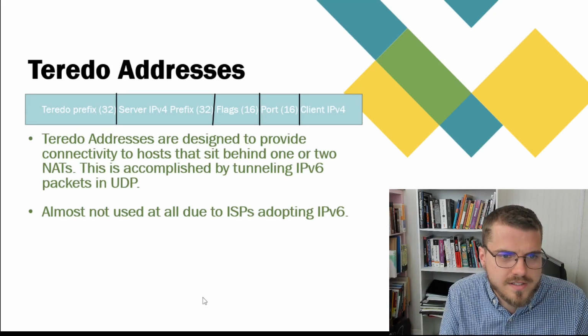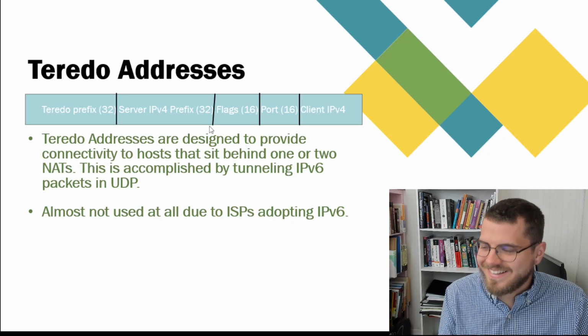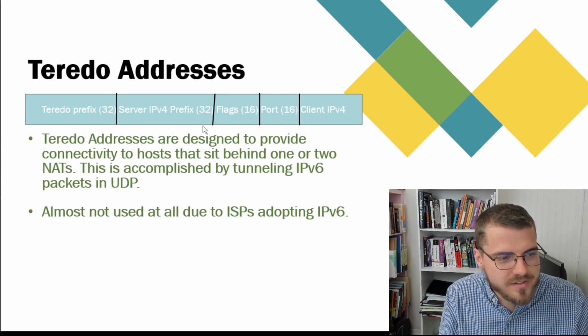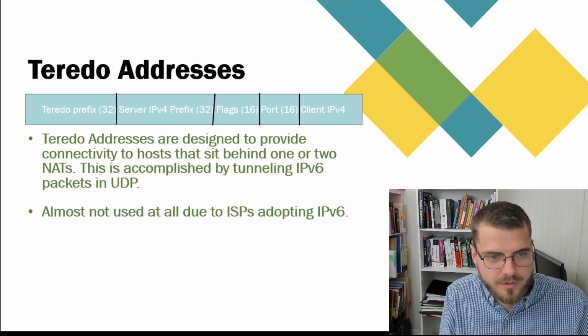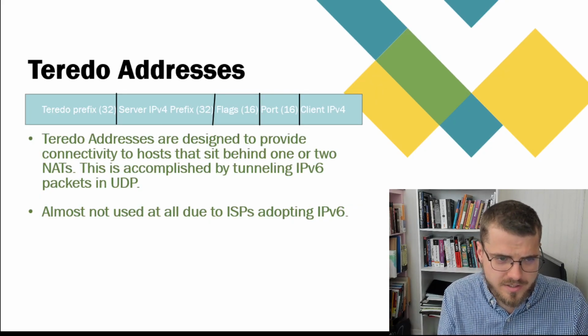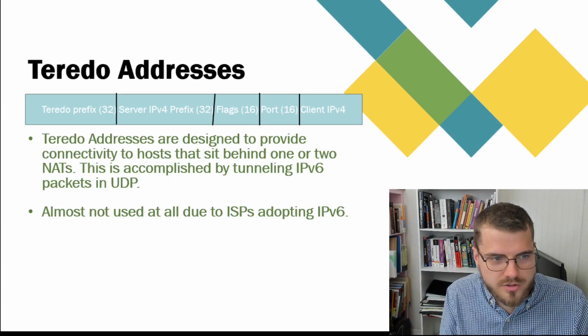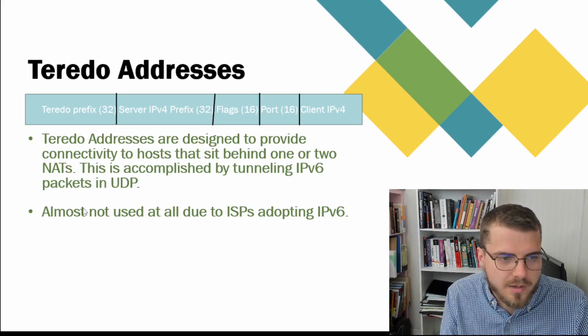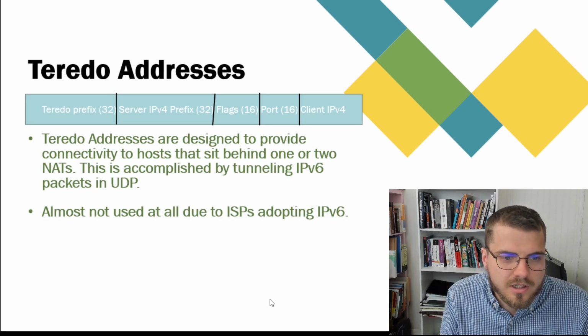There are Teredo addresses, and sorry, some of these are ugly. PowerPoint sometimes makes it very hard to make these graphics. Teredo addresses are designed to provide connectivity to hosts that sit behind one or two NATs, so network address translations. This is accomplished by tunneling IPv6 packets in UDP.